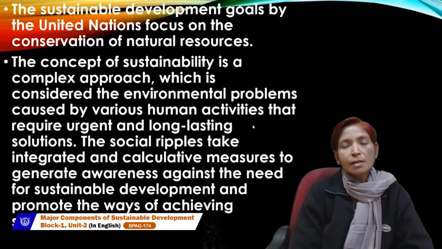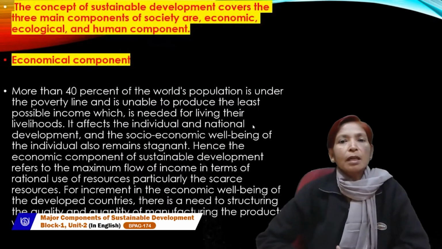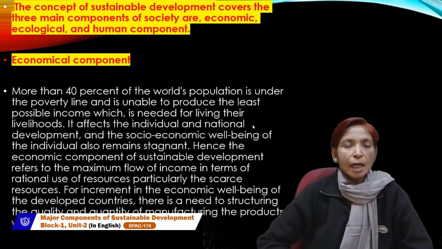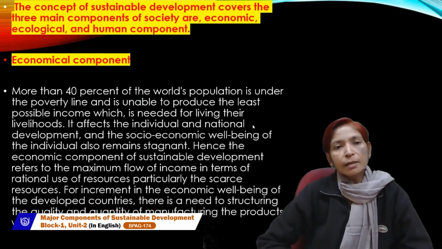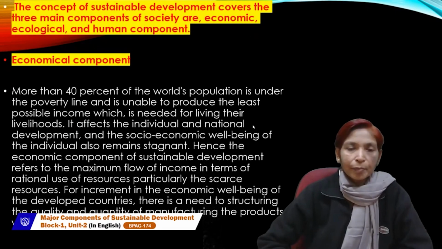Then we can achieve the sustainable development goals. Next, the concept of sustainable development covers the three main components of society: the economic component, the ecological or environmental component, and the social or human component.